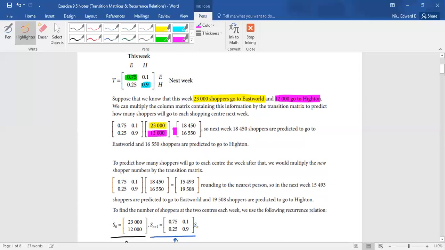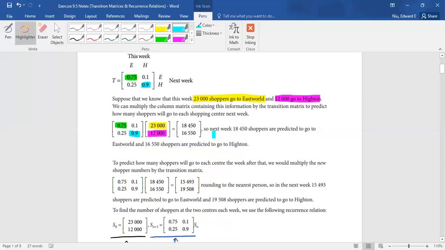So with these two pieces of information, and with matrix T that we took from above, when we multiply the two matrices together, we can tell how many people are going to go to Eastworld and Highton the next week.